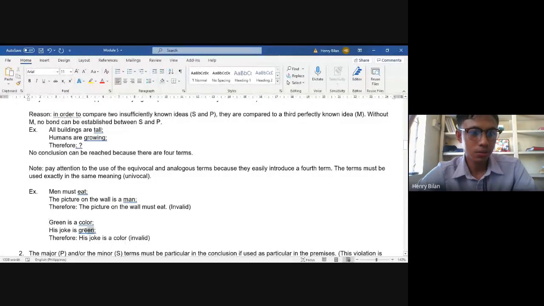Pero yung green na ito, iba ang ibig sabihin. Kapag a joke is described as green, we mean something else, not a color. Kaya invalid ito. Invalid itong syllogism na ito. That is rule number 1.